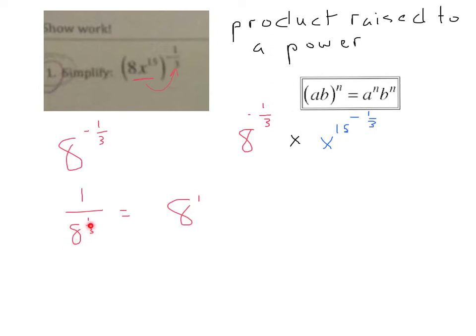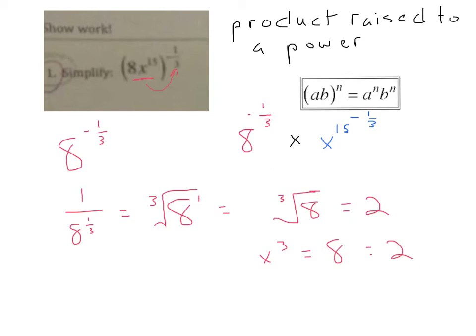So 8 to the 1/3 is going to be the cube root of 8 to the first power, which is just 8. So the cube root of 8 means what number cubed is going to give us 8. And that number is 2. 2 times 2 times 2 gives us 8. So the cube root of 8 is 2.